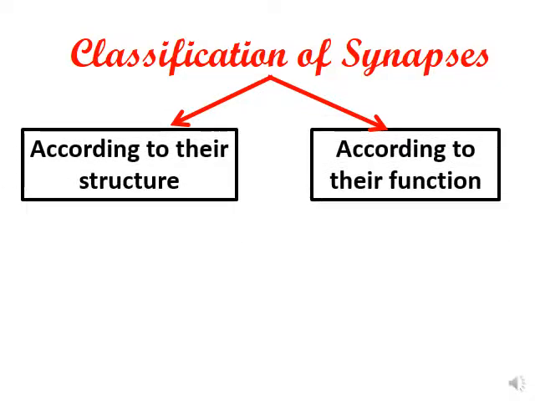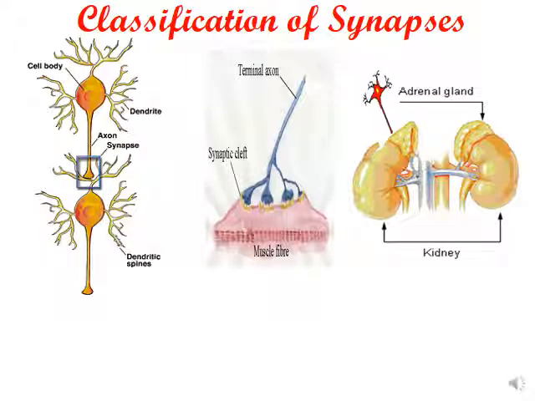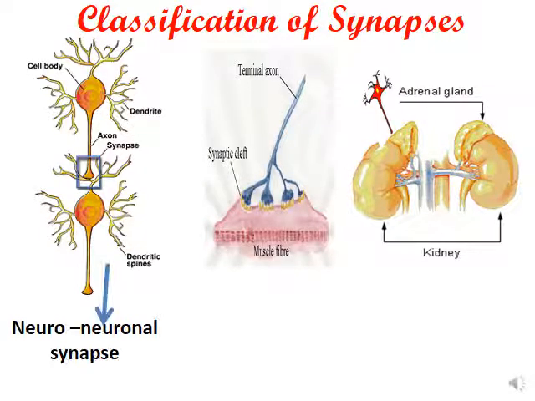Classification of synapses. Synapses are classified either according to their structure or according to their function. According to their structure, they are classified as neuronal synapse. What's the meaning of this?